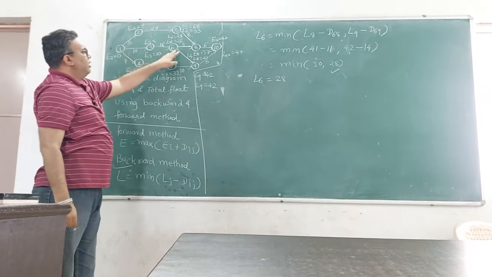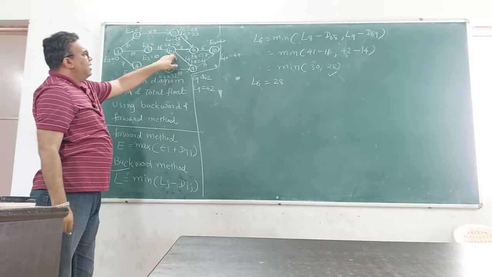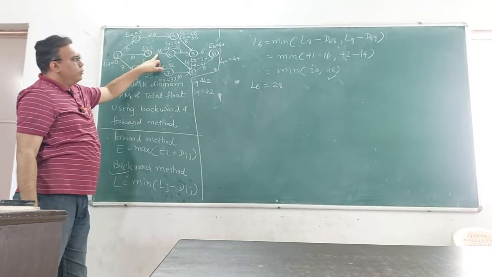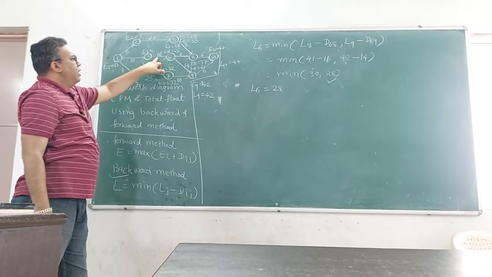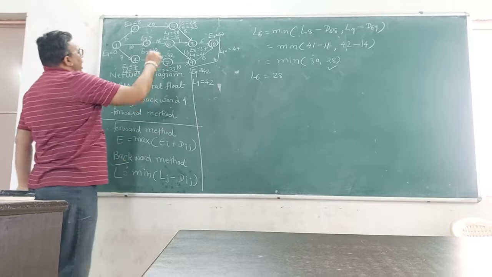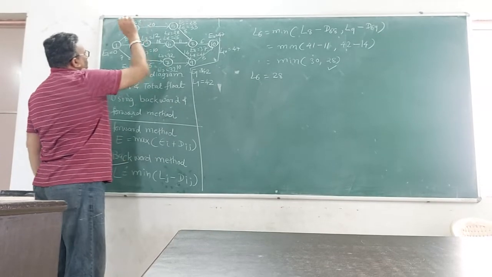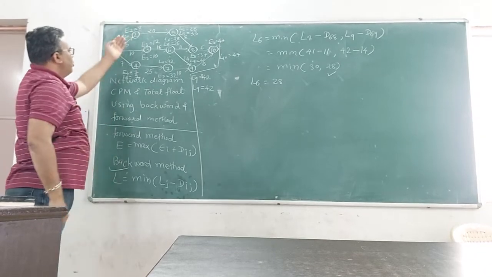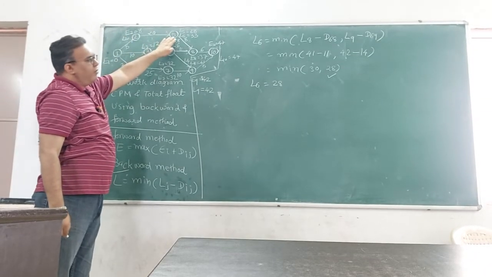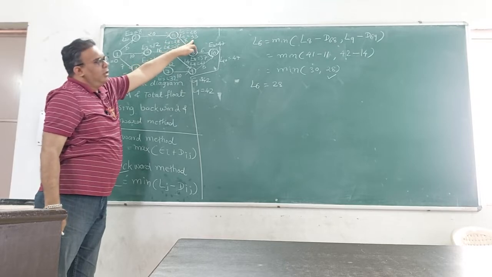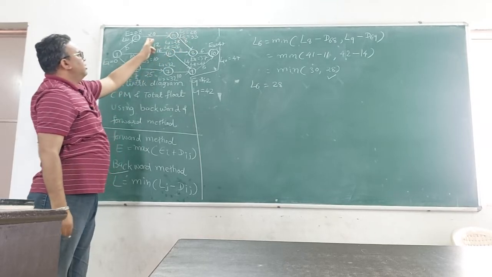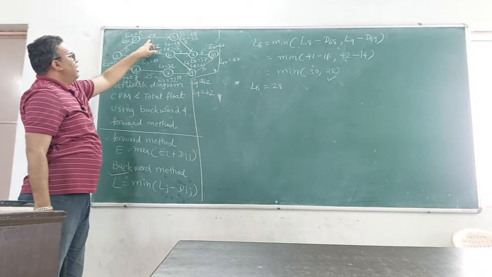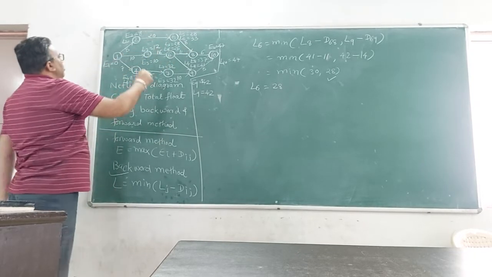For this the preceding is 6, so what is the value of L6? 28 minus the distance between these two, 16, the answer will be 12. So L3 becomes 12. Now L2. For L2 the preceding is L5. What is its value? 33 minus the distance between these two, that is 20. So 33 minus 20 is 13. So L2 becomes 13.